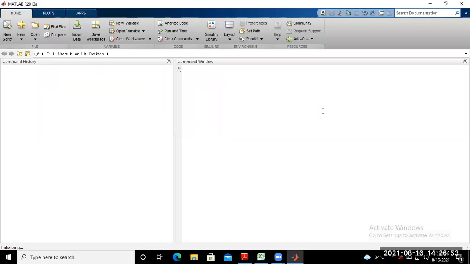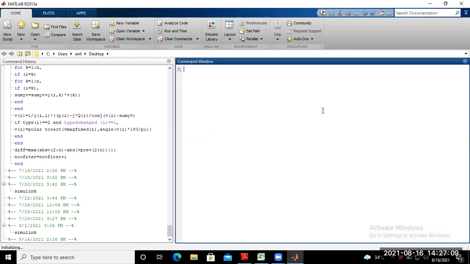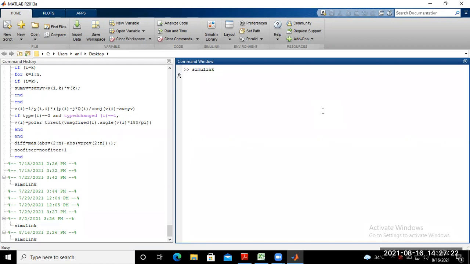Yeah, so this is the first interface of the Matlab. Now we just create one new workspace where we can simulate the circuit. Just type here simulink and create new workspace.